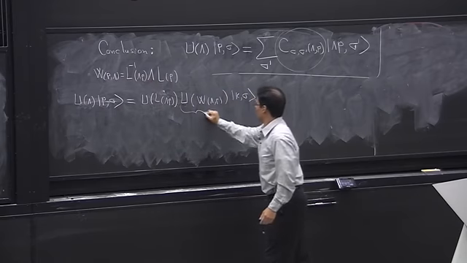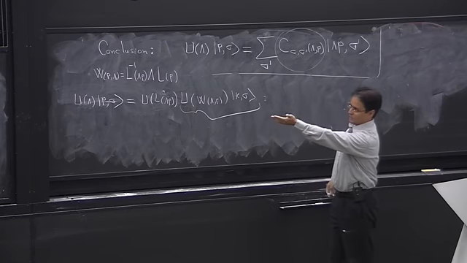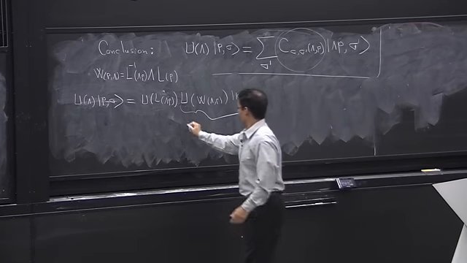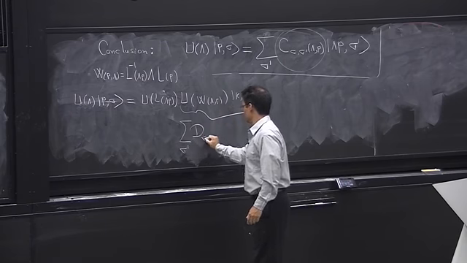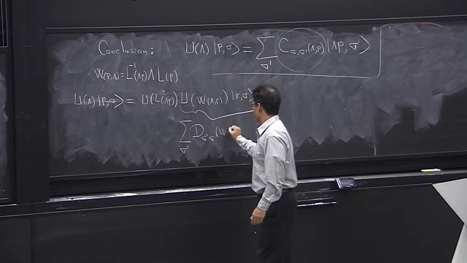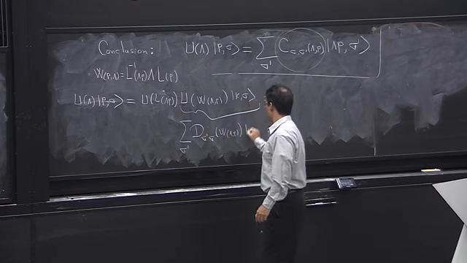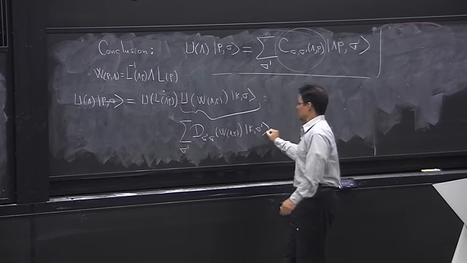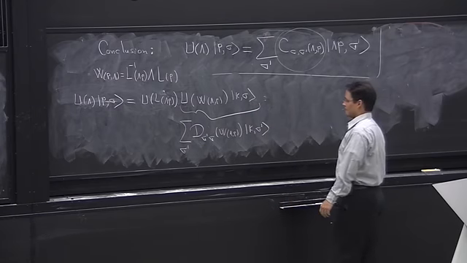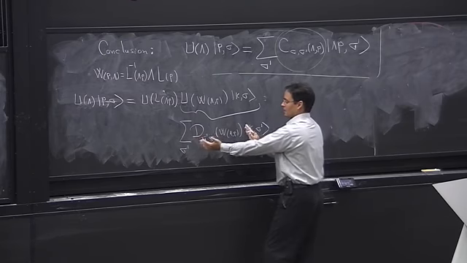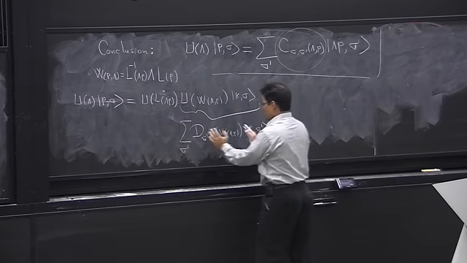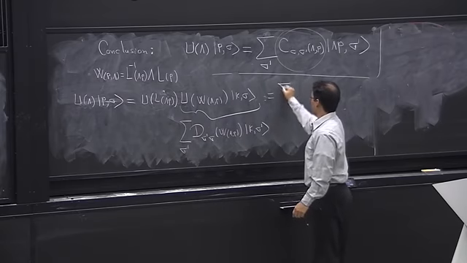But now we know what this funny combination is. We can just use our formula over there, and it's equal to the sum over sigma prime of D sigma prime sigma of W that depends on lambda and P acting on K sigma prime. Now these are matrices of numbers, right? So we can pass this guy through them and get the following.